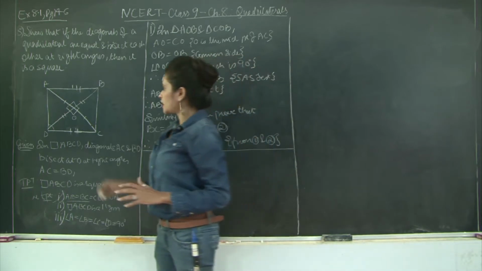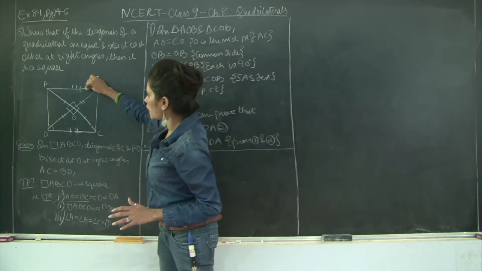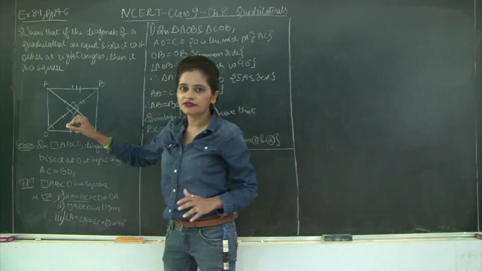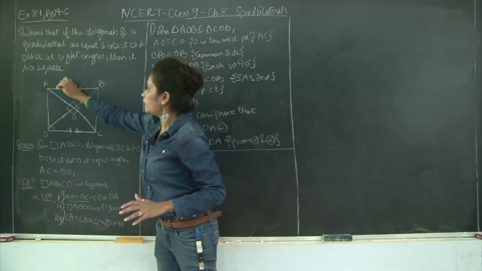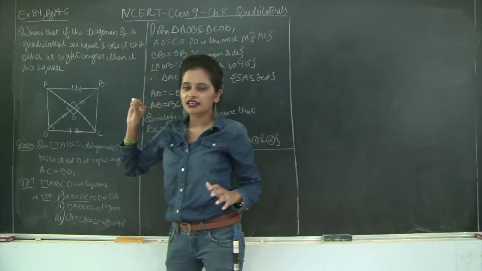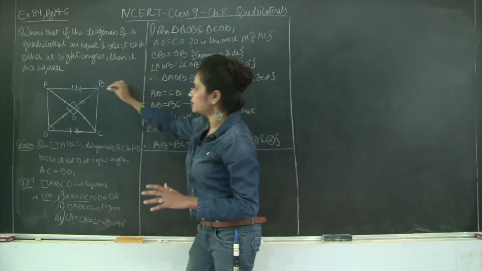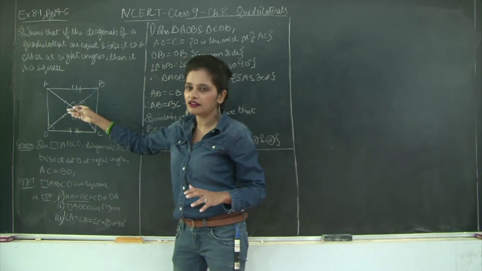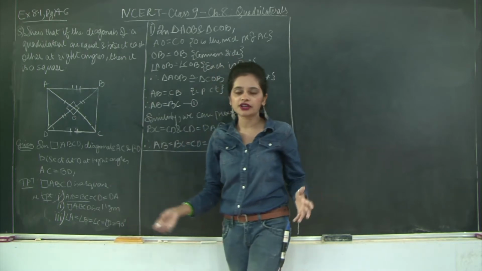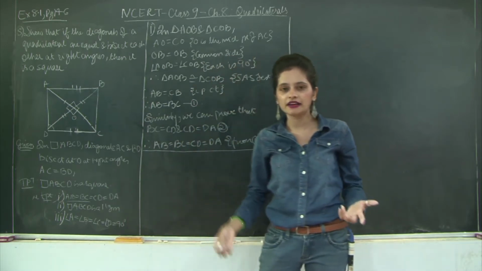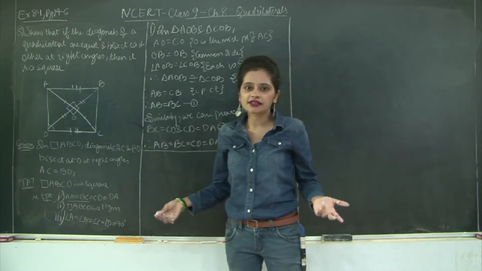Also, if I manage to prove somehow that angle ABO is equal to angle CDO, they form alternate angles for lines AB, CD and transversal BD. Don't you think if these alternate angles are equal, I can say that these two lines are parallel? So if in a quadrilateral any pair of opposite sides are equal and parallel, you can say that the given quadrilateral is a parallelogram.